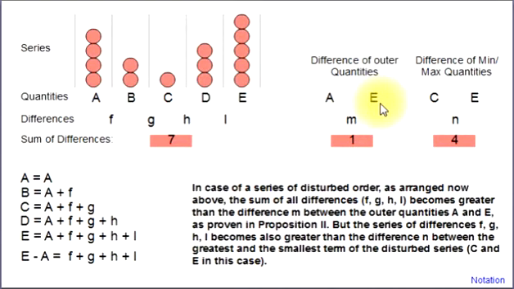And the differences F, G, H, L become also greater than the difference N, being the min-max difference between the greatest and smallest term of the disturbed series. And this is telling us that in no circumstances the difference of the outer quantities will ever be larger than the sum of all differences, no matter if you have a series of natural order or a series of disturbed order. And that's what he needed to show.